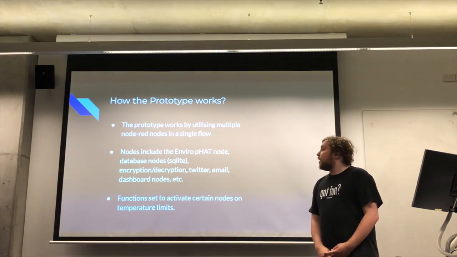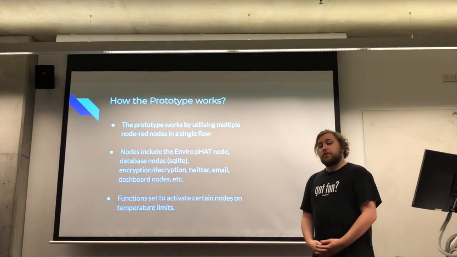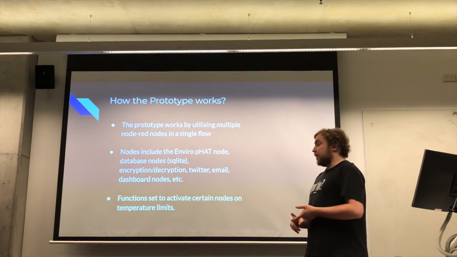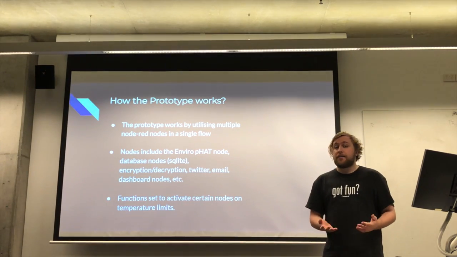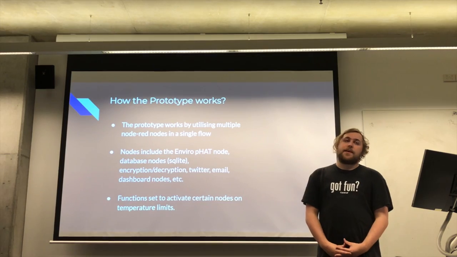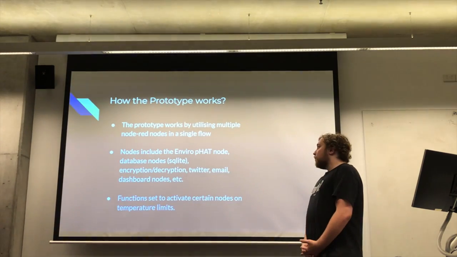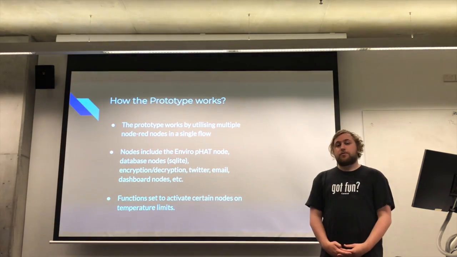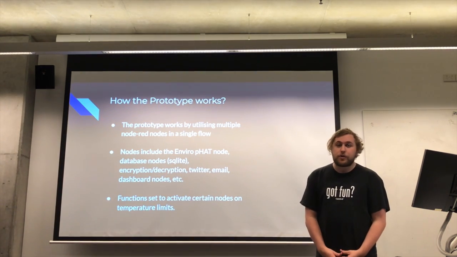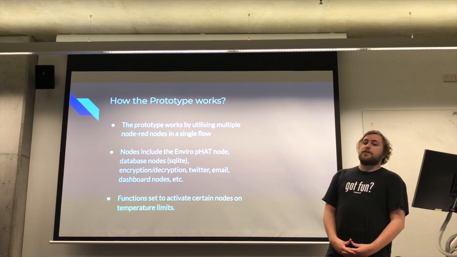Now, how does the prototype work? Well, the prototype is built with Node-RED nodes, which all run under a single flow. Some of these nodes include the Enviro pHAT node, which will gather the information from the Enviro pHAT and then send that through a message payload. We have the database nodes, of course, which run on SQLite in order to store the temperatures. We have encryption and decryption nodes for data transfer safety.